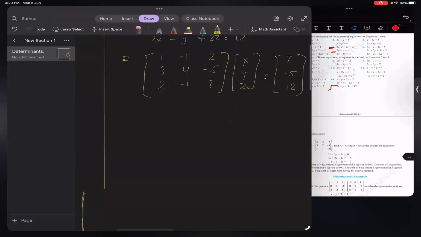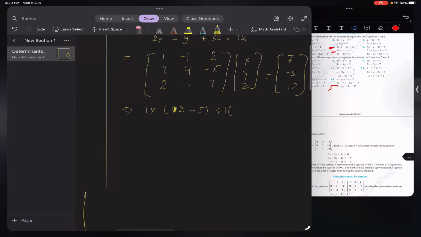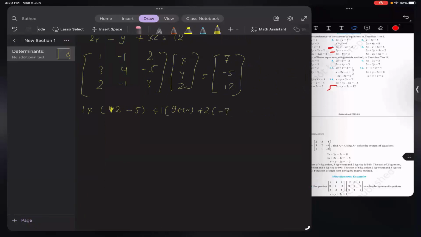If we quickly find the determinant of this matrix, this would be 1 into (12 minus 5), plus 1 into (9 plus 10), and plus 2 of (minus 3 minus 8).